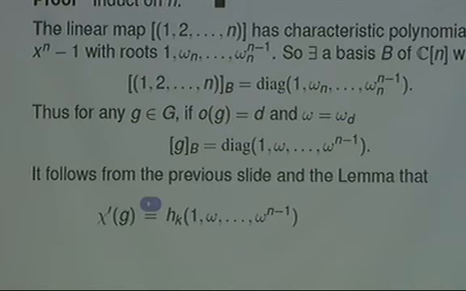Okay. Remember, from the previous slide, we said that if we want to compute the character in Sym, I take the homogeneous symmetric function in the eigenvalues for G. And the eigenvalues for G are this 1, omega up through omega to the n minus 1. Right? That's what we just had on the previous slide.